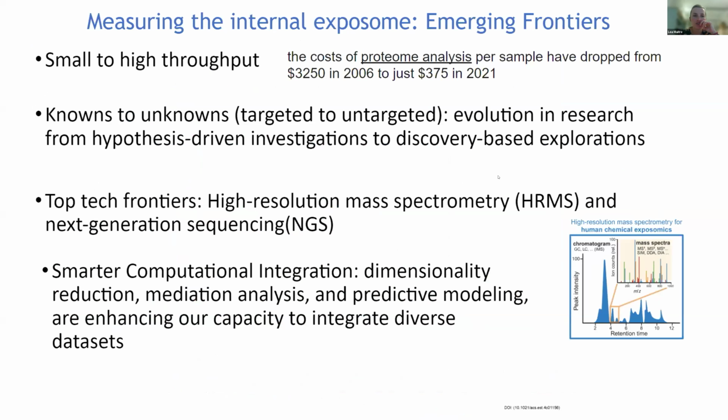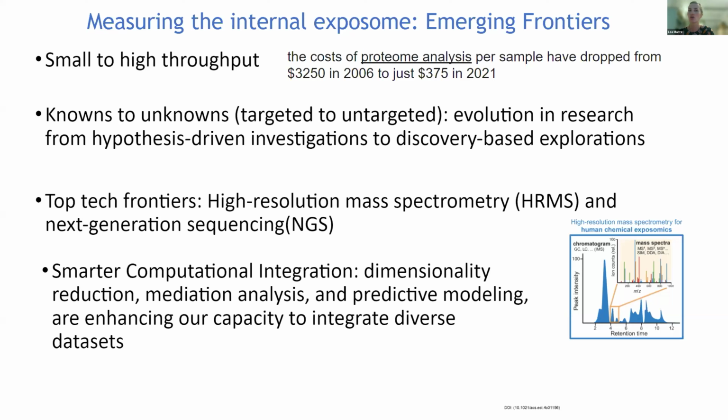Some of the main frontiers in the measurement of the internal exposome has been the development of technologies from small to high throughput, to be able to screen omics technologies and exposome. We need a large sample size, such as in genomic studies, but this has been hindered by the cost of omics analysis. But as you can see, for example, for proteome analysis, the price per sample has dropped from $3,000 to $300 in less than 10 years.